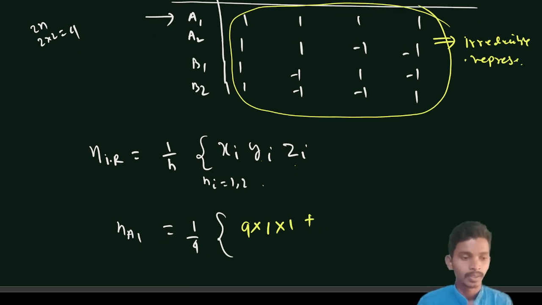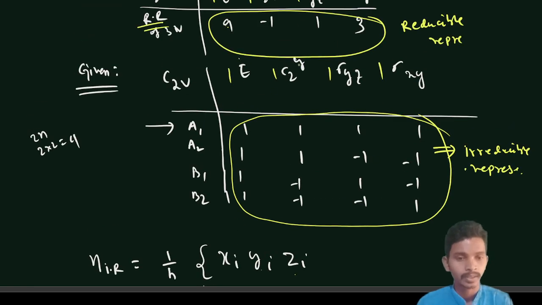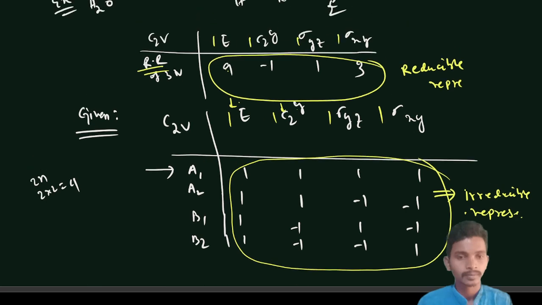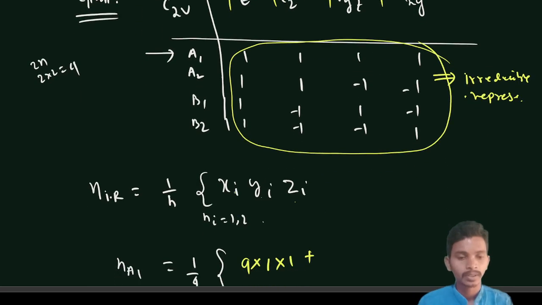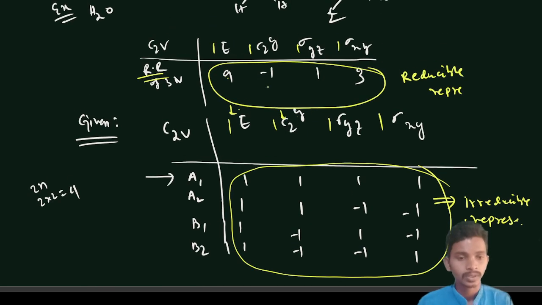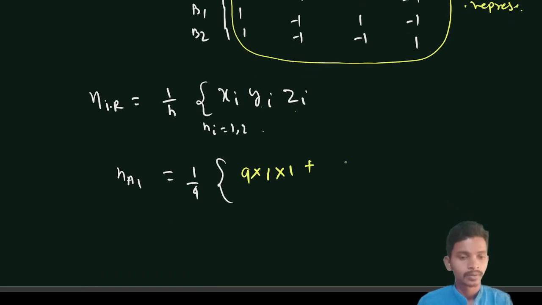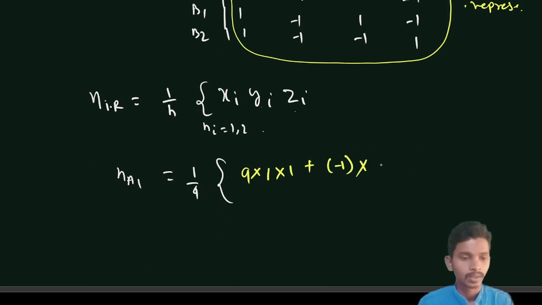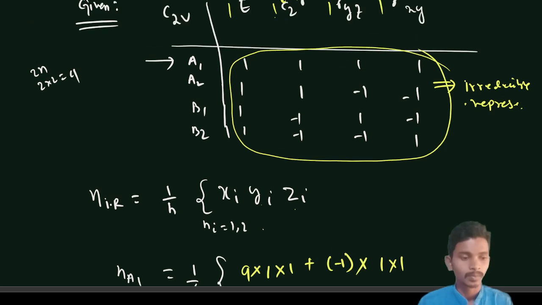Similarly, next I come to C2. First the character of the reducible representation for C2 is -1, so I go for -1 into the irreducible representation, that is 1. The coefficient is 1, so I will put 1.